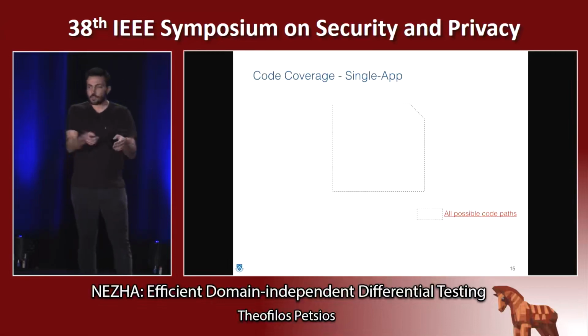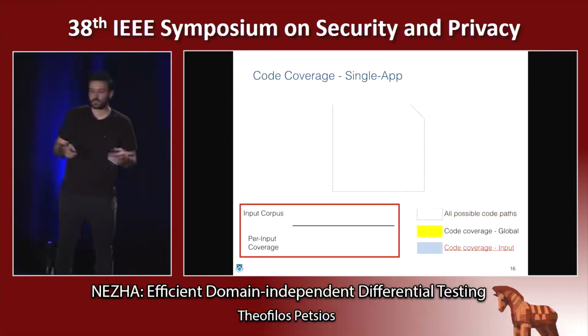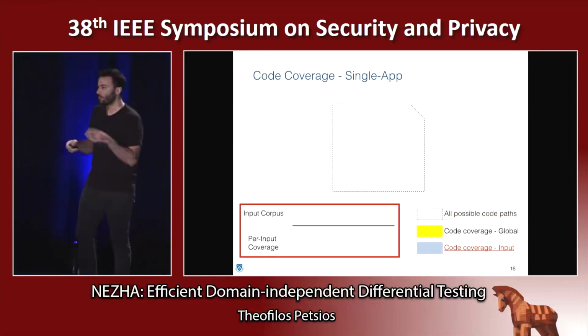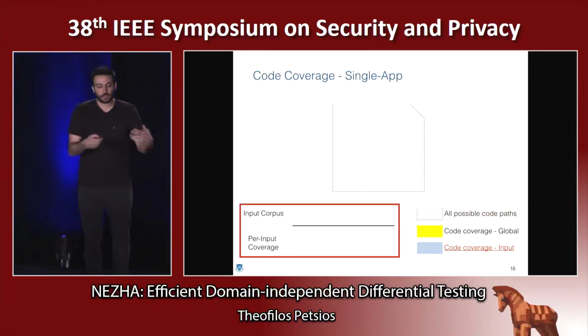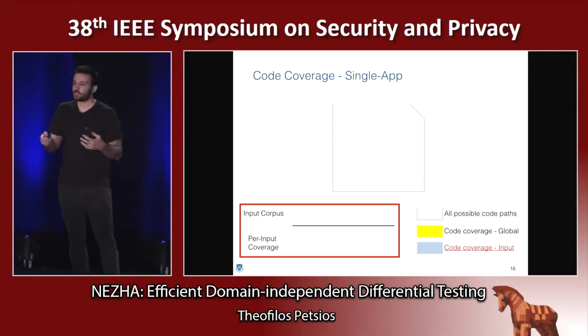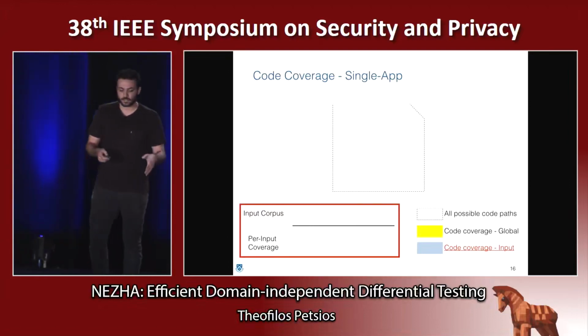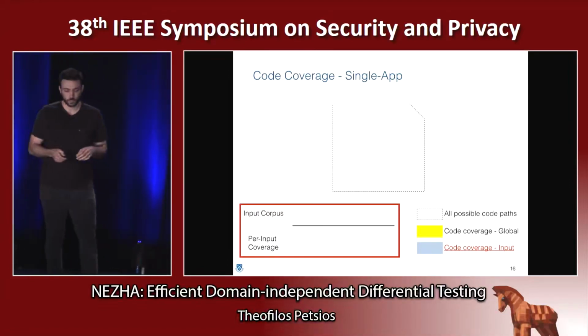Suppose this box represents all the possible code paths in the application. We maintain an input corpus of inputs that are interesting to us, and we record the per-input coverage. If an input triggers some new functionality and explores some new code path, we add it to our corpus.